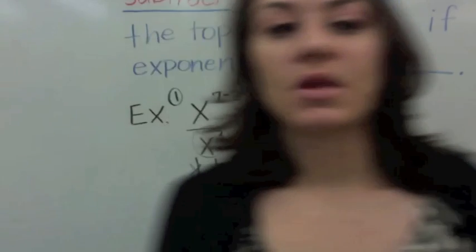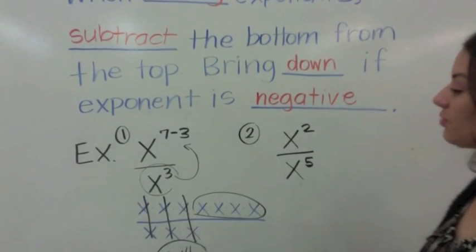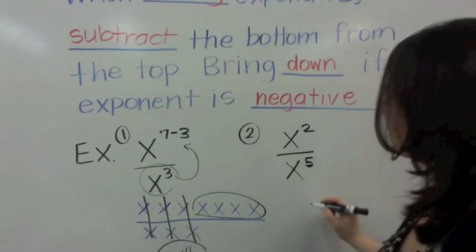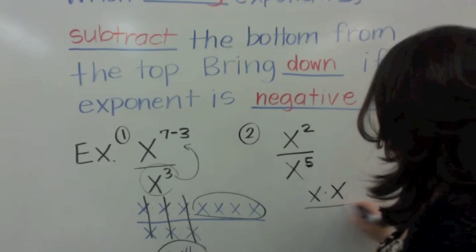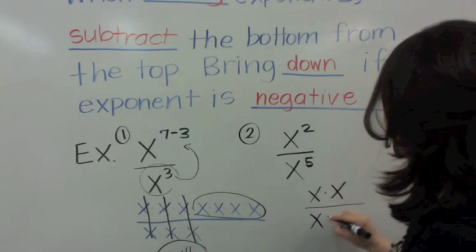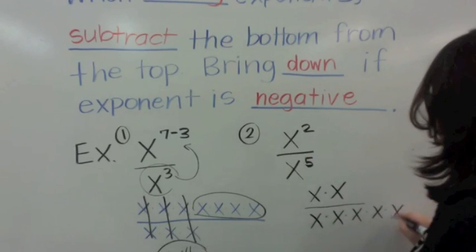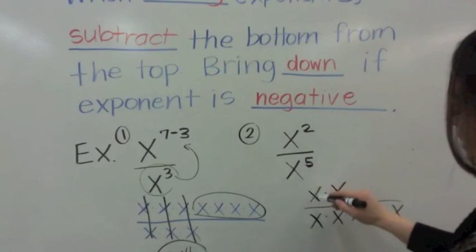Let's try the next example. This one is not so easy, because you have x squared, which means x times x twice, and at the bottom, you have x to the 5th power, which is 5 x's being multiplied together. How many x's will cancel to 1? You can cross off a pair of x's.